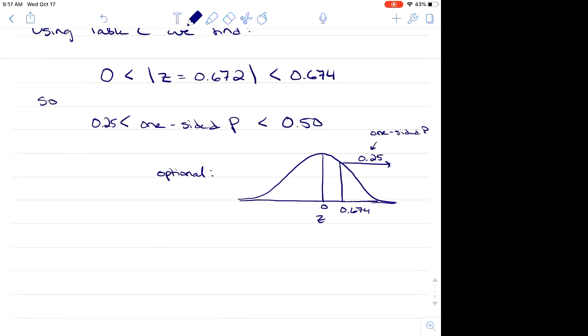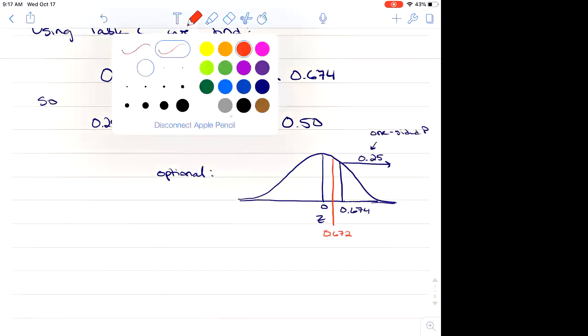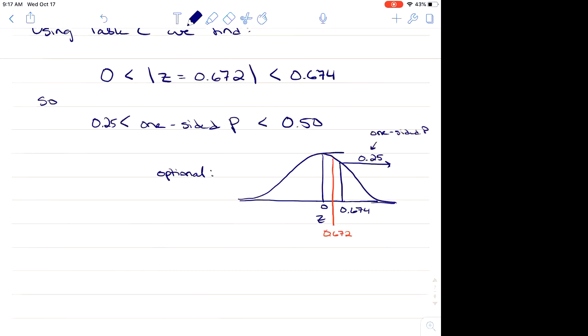Okay. And our value is 0.672. So all we know is that the area in the tail is somewhere between 0.25 and 0.50.